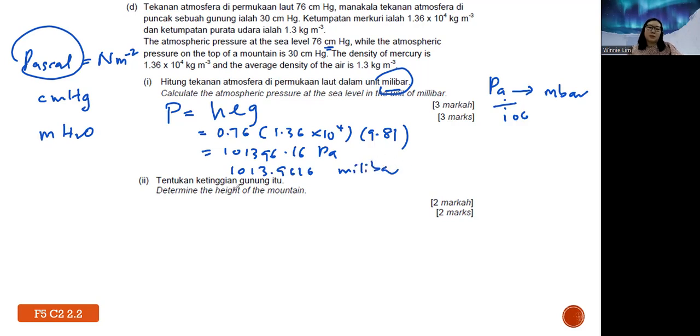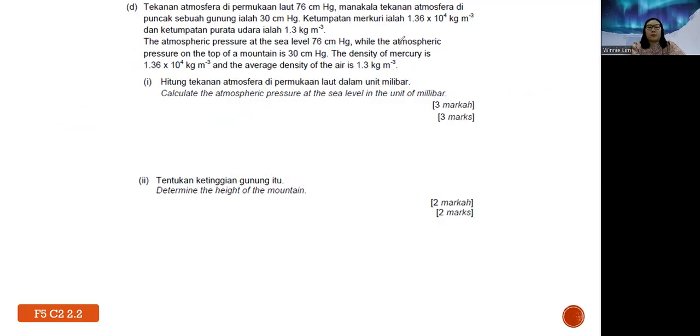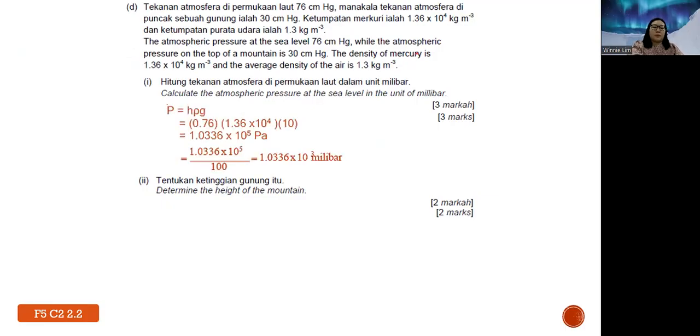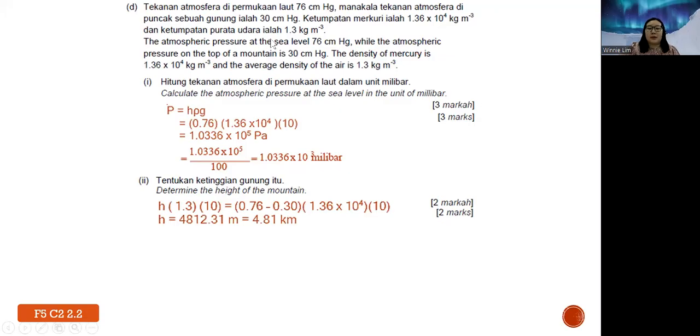Next, determine the height of the mountain. To get this, you basically find the difference in the pressure between the sea level and the mountain top. The difference in pressure will give you the height itself.